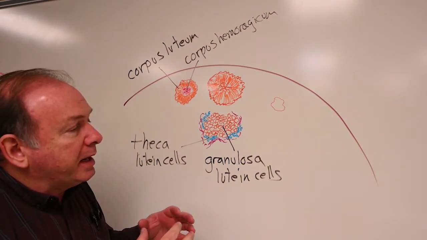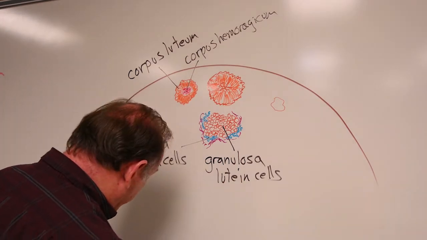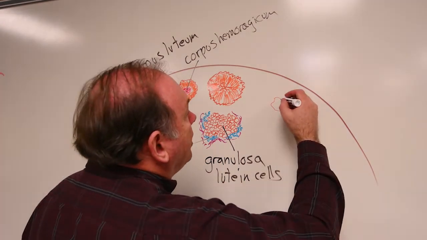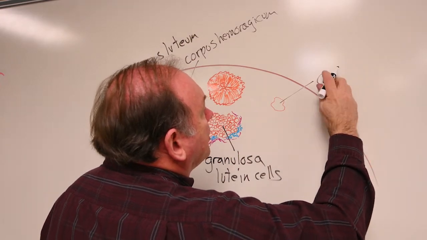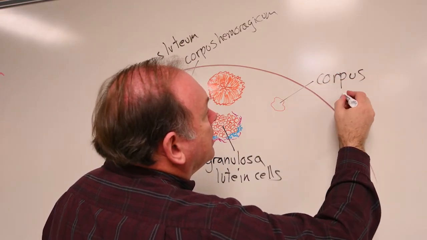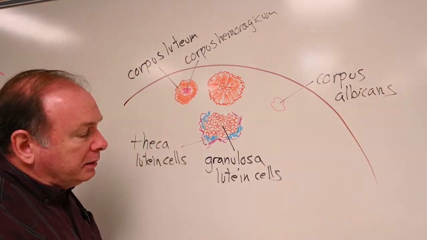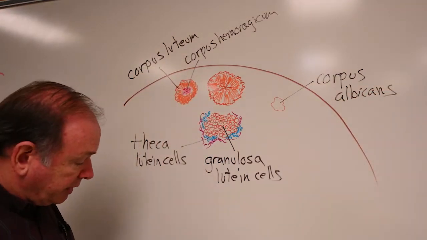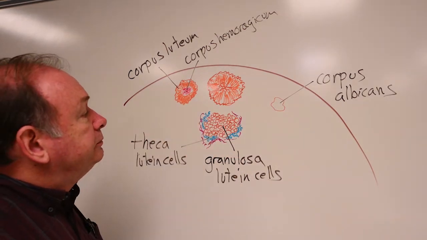The cellular makeup breaks down, the cells die out, and we call it a corpus albicans. It's a white body. The last bit of scar tissue that you see there on the surface of the ovary resulting from the ovulation.